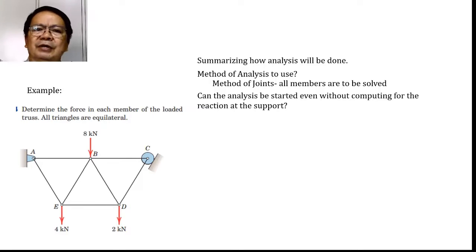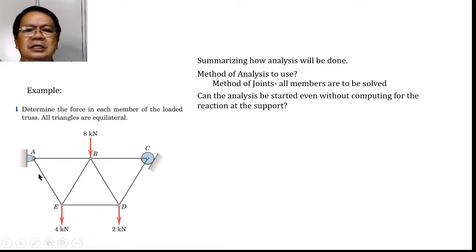The next question it could be, can the analysis be started even without computing for the reaction at the support? Ibig sabihin ay, pwede ba tayo mag-start right away gayong wala pa tayong kinocompute na reaction? May mga cases kasi na kahit walang reaction, we can immediately start our computation.